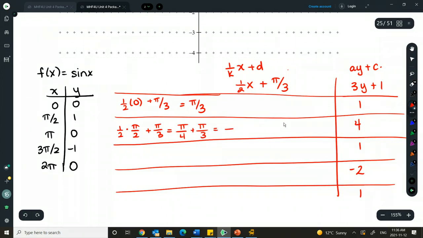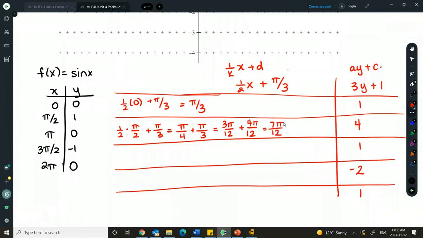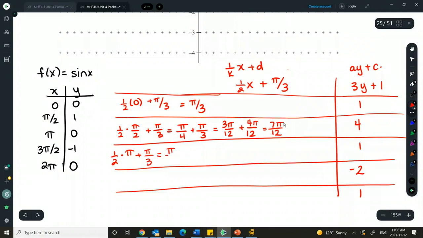Common denominator is 12. This side gets multiplied by 3 to make it 12, so 3 pi. This side gets multiplied by 4 to make it 12, so 4 pi. So we get 7 pi over 12. Okay, pi is the next one, so we're going to plug in pi here, plus pi over 3, get pi over 2, plus pi over 3.